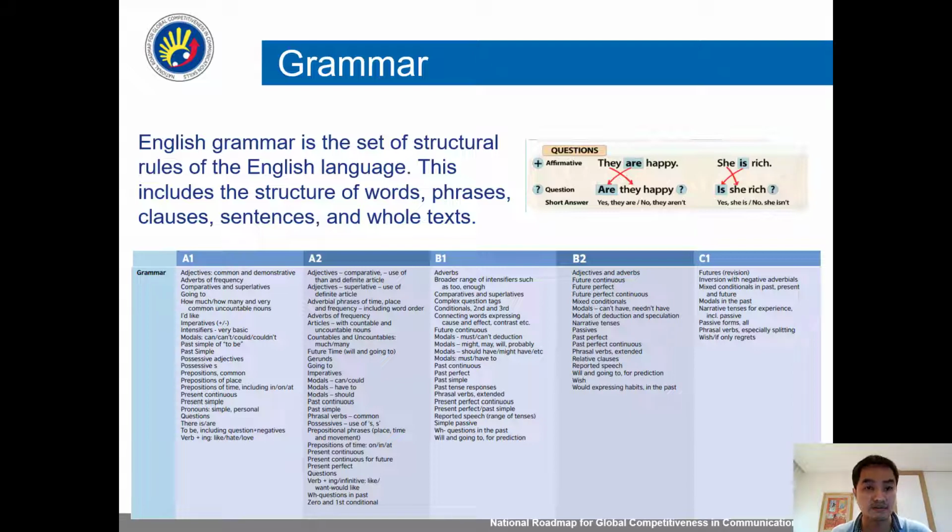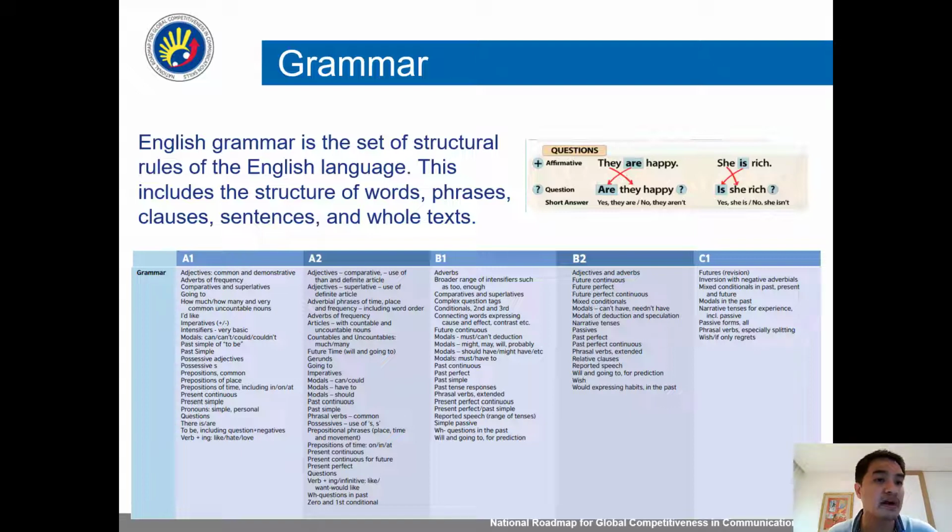So grammar, English grammar is the set of structural rules of the English language. This includes the structure of words, phrases, clauses, sentences, and whole texts. So here, they couldn't do this in the CEFR because again, every language is different. There's no subjunctive tense here because that exists in Spanish and French and I think Italian.